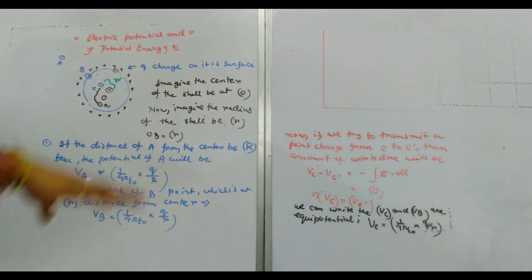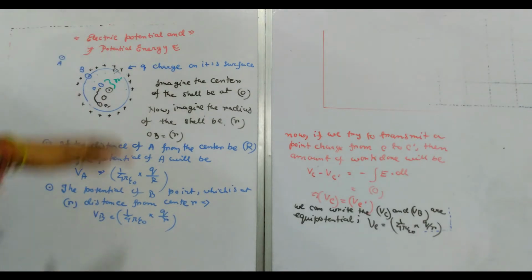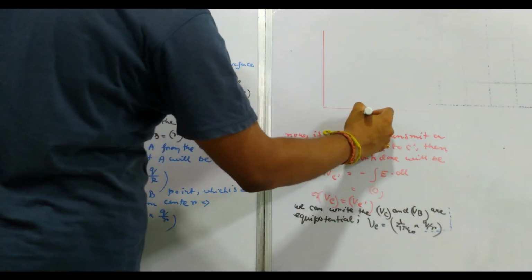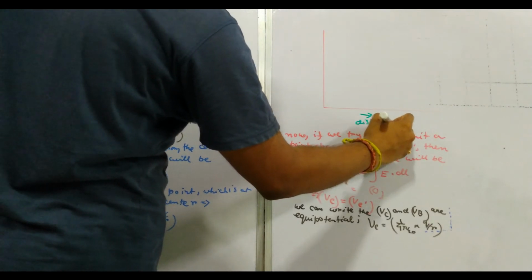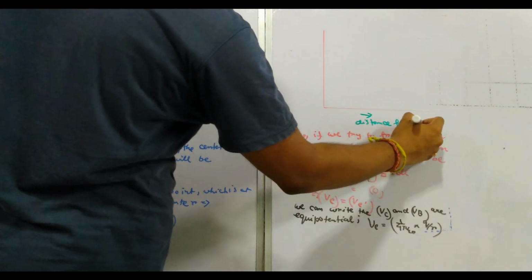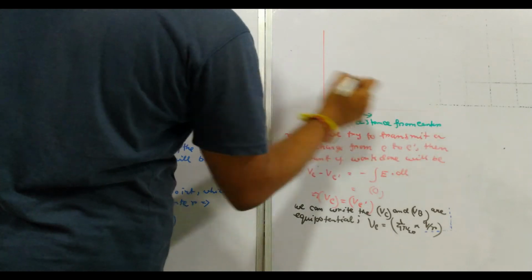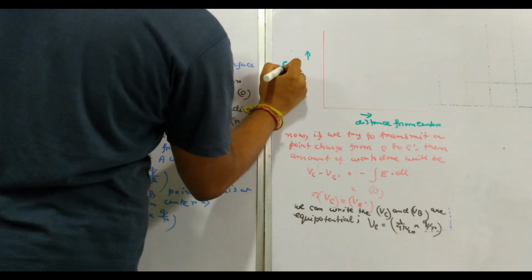Now, if we are asked to plot a graph of electric potential versus the distance from the center, then we take this as the distance from center, and in this direction the electric potential.